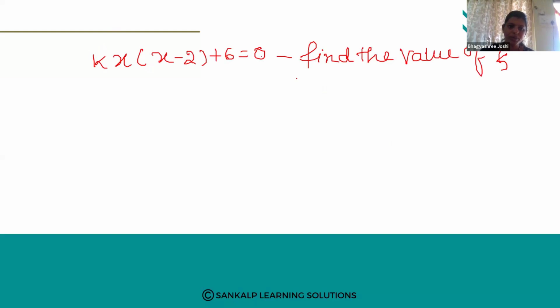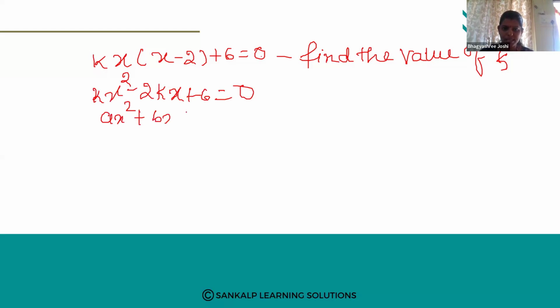Now, what I will do? kx into x is kx square. Right? kx square minus 2kx plus 6 equal to 0. Now it is in the form ax square plus bx plus c equal to 0. So a value is k here, b value is minus 2k, and c value is 6.